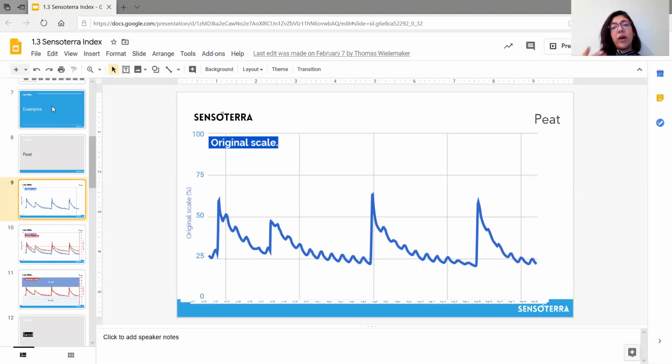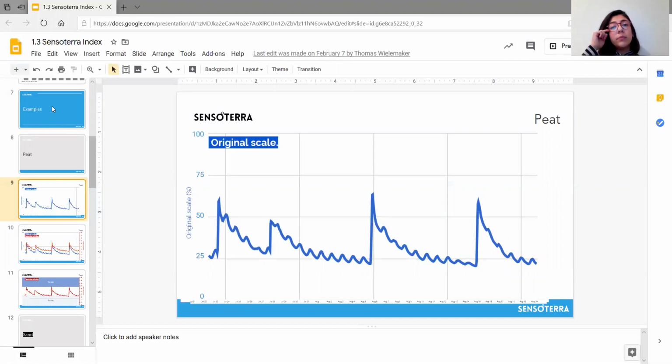With a higher irrigation regime, or with heavy rainfall, you have higher soil moisture levels. And the tendency is to go down and then a peak again.